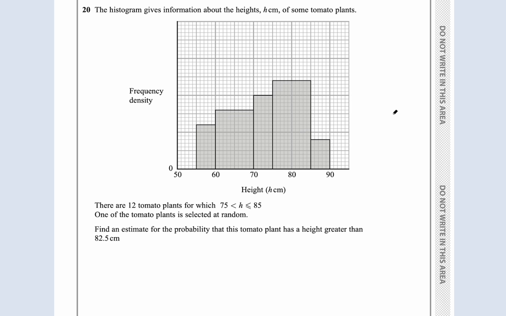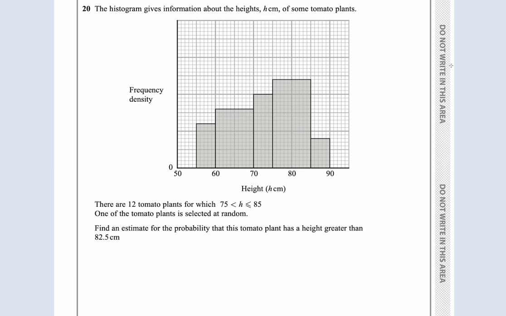Okay, question 20. Okay, we have a histogram about the height of tomato plants. So this is the frequency density. These are the class widths. Now it says there are 12 tomato plants for which H is between 75 and 85, right?